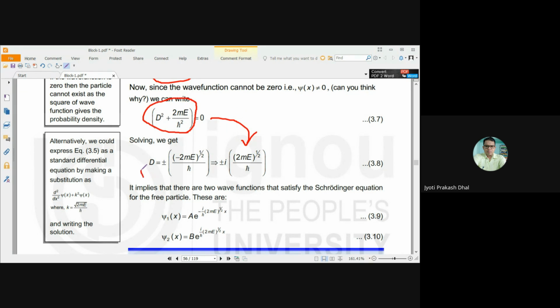Solving, we can write D equals plus minus square root of minus 2mE divided by h cross, which equals plus minus i square root of 2mE divided by h cross.